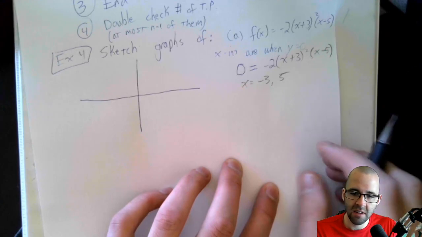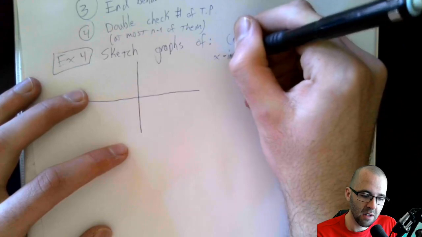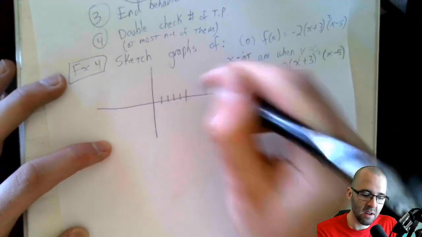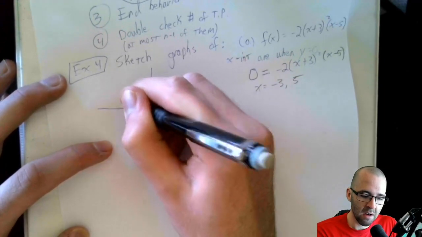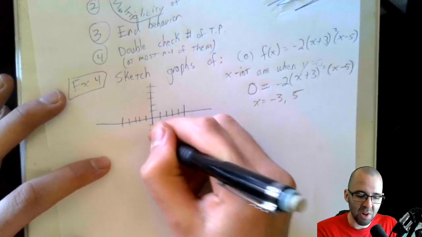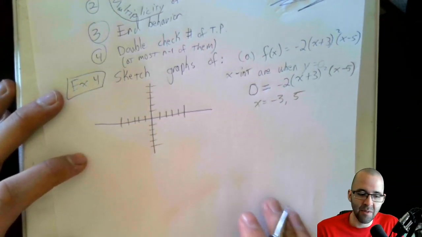Okay. So let's plot those. All right. When you plot those zeros, plot the x-intercepts. Exactly, Lexi. Good.